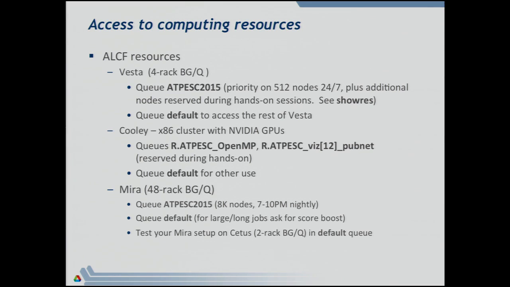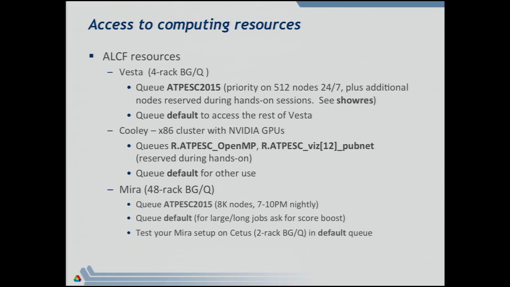This slide summarizes the queues and the special queues and reservations that are available for this class. There are actually 3 Blue Gene machines at ALCF. The one that this class will primarily use is the 4-rack system called Vesta.